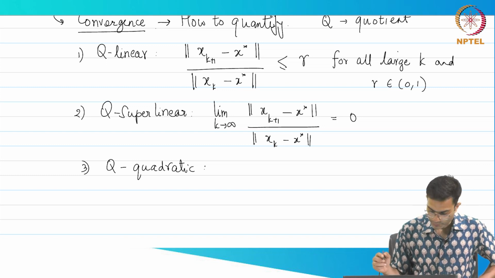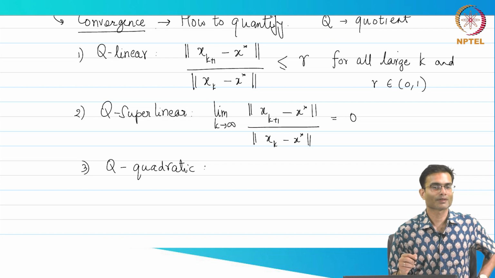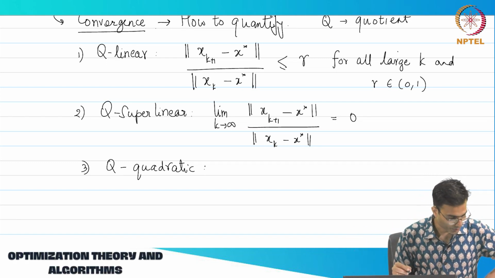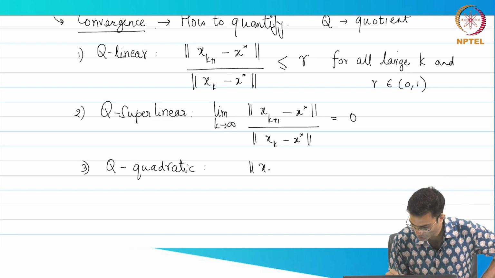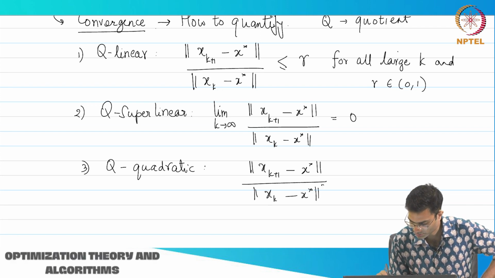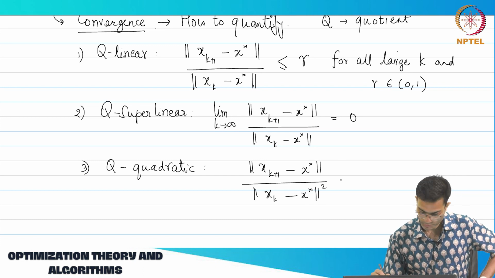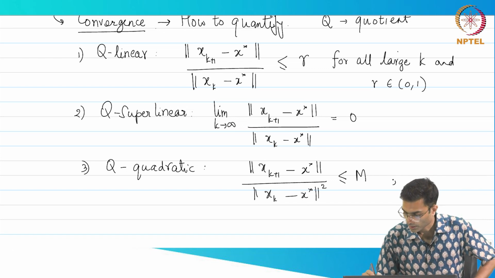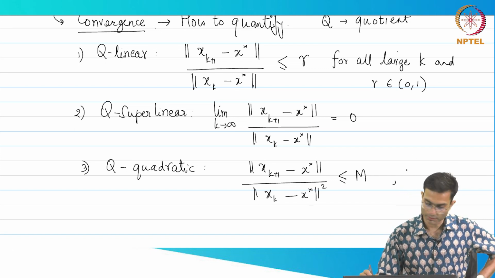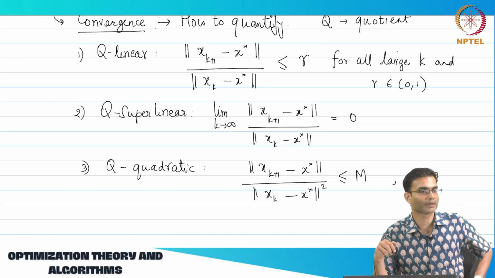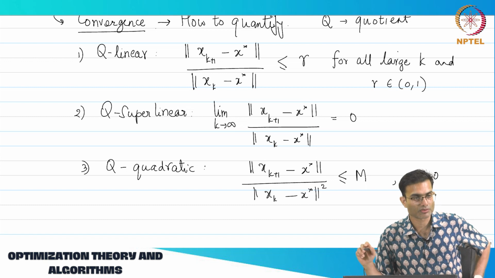As you can imagine, the word quadratic means there is some term that gets squared, and that squared term goes into the denominator. So the norm of xk plus 1 minus x star, divided by the norm of xk minus x star squared, is less than M. The only restriction on M is that M is greater than 0. M need not even be less than 1. This is all there is.